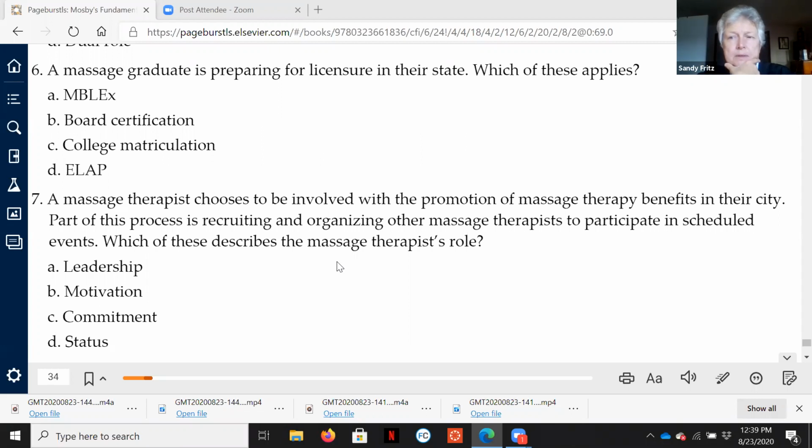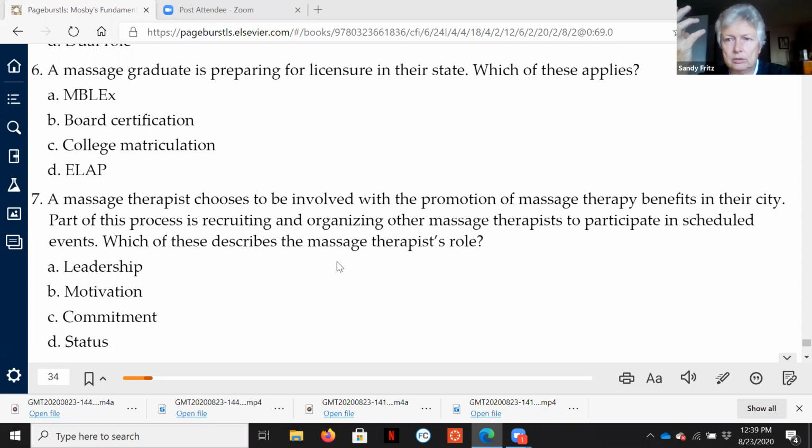So this is something a massage therapist, it doesn't tell us if they're an employee or self-employed or anything else. It just tells us that they choose to promote massage therapy in general in their location, their city. Part of what is going to be required of this is that they bring other massage therapists together and help them work together.